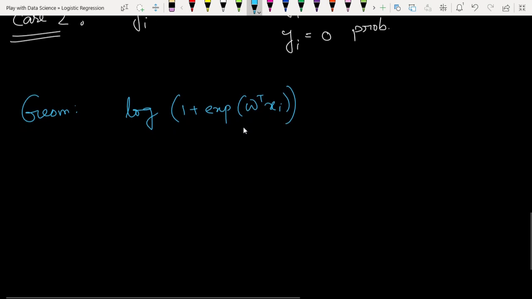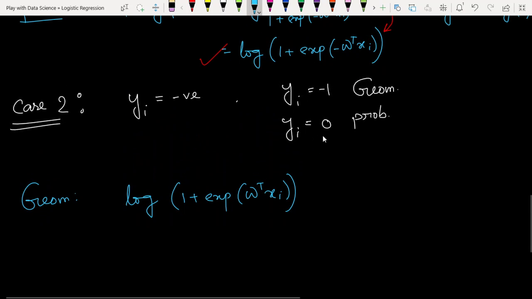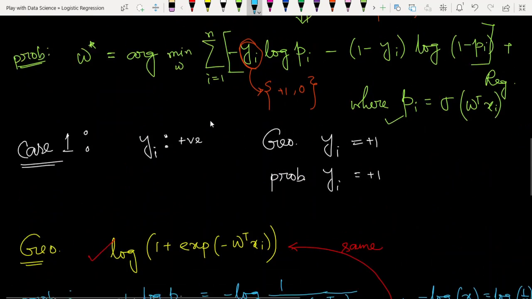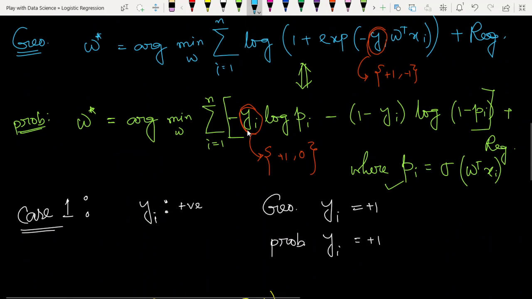Okay, now we put yi equal to 0 in the probabilistic equation. So what is the probabilistic equation? yi equal to 0 means this term will be 0, and the rest of the thing is this.